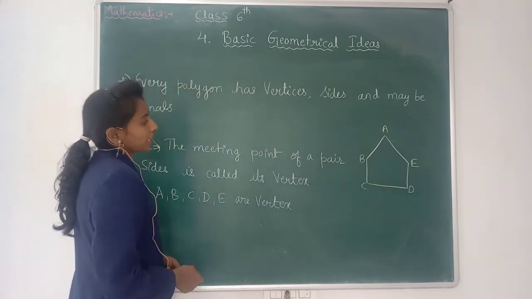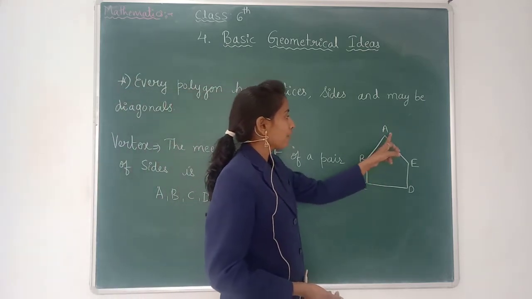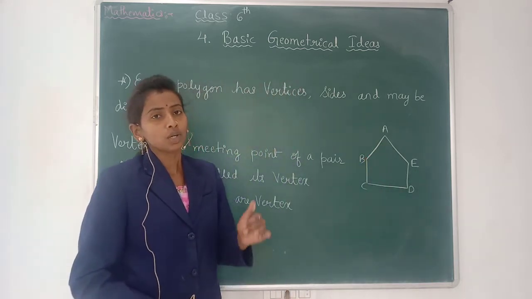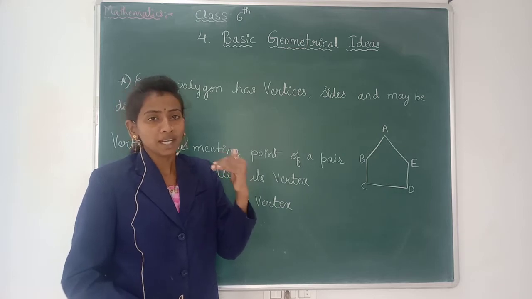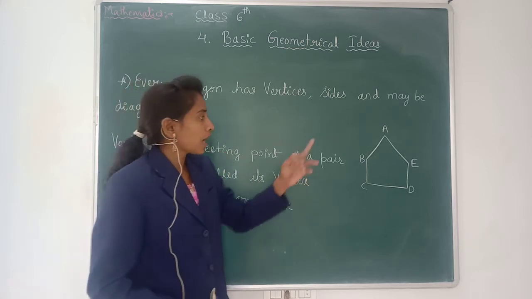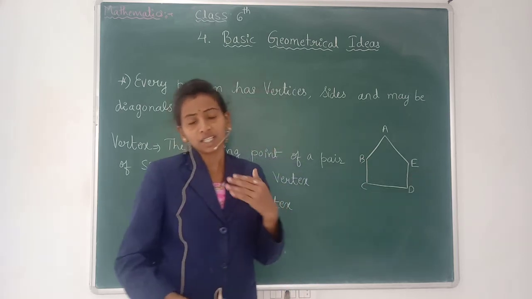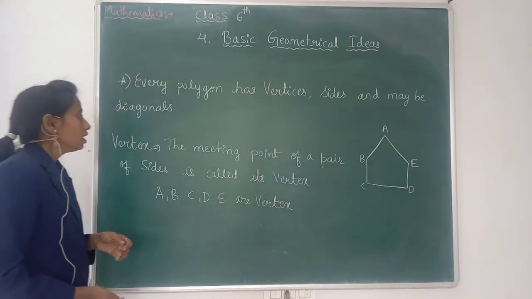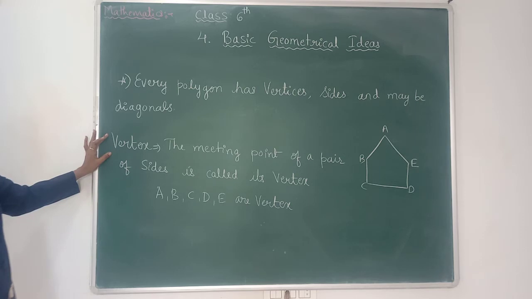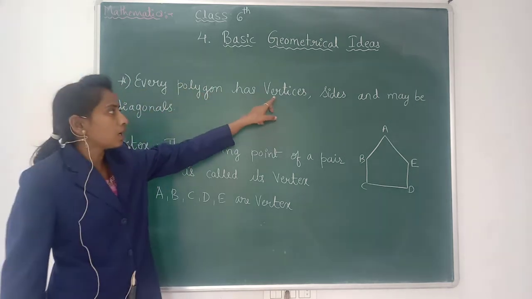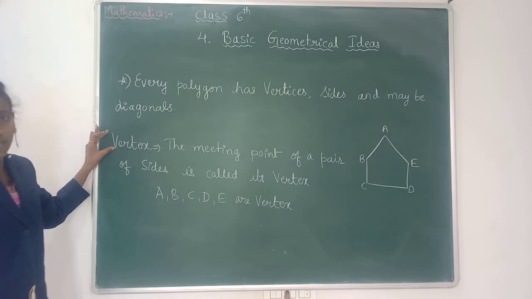To indicate the pentagon, we have used the capital letters A, B, C, D, E. To name any geometrical figure, we use only capital letters. Take any capital letters. First of all, we see the vertices. Vertices is plural, vertex is singular.